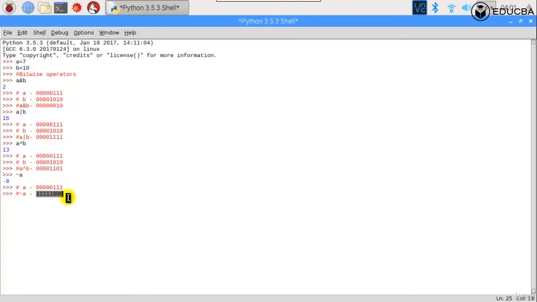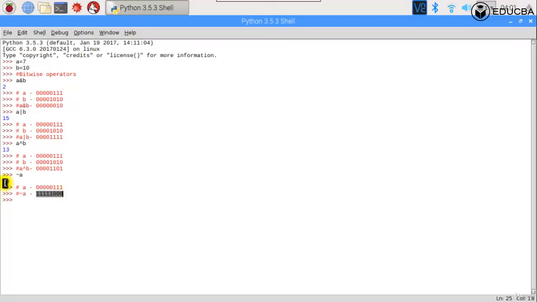Now this is a negative number which is stored in this particular fashion. Now if you want to know what kind of number this is, you need to get the 2's complement of this. The 2's complement of this is going to be, okay, so this is a negative number. Not of A is going to be this, and this is going to be exactly the way that it's going to be stored in your memory.